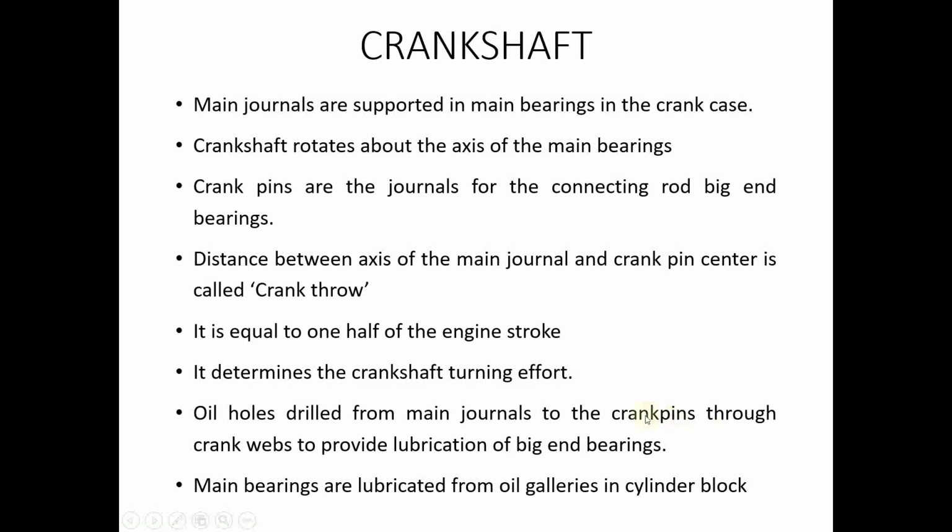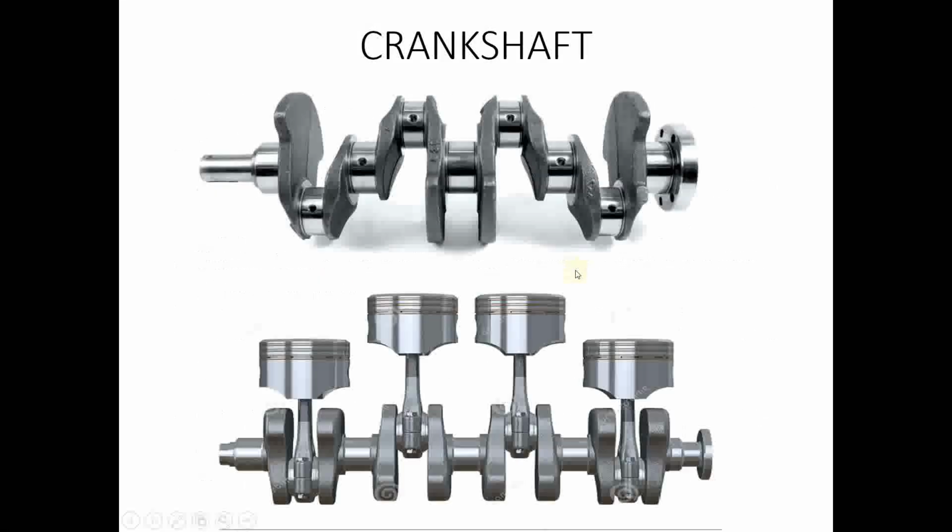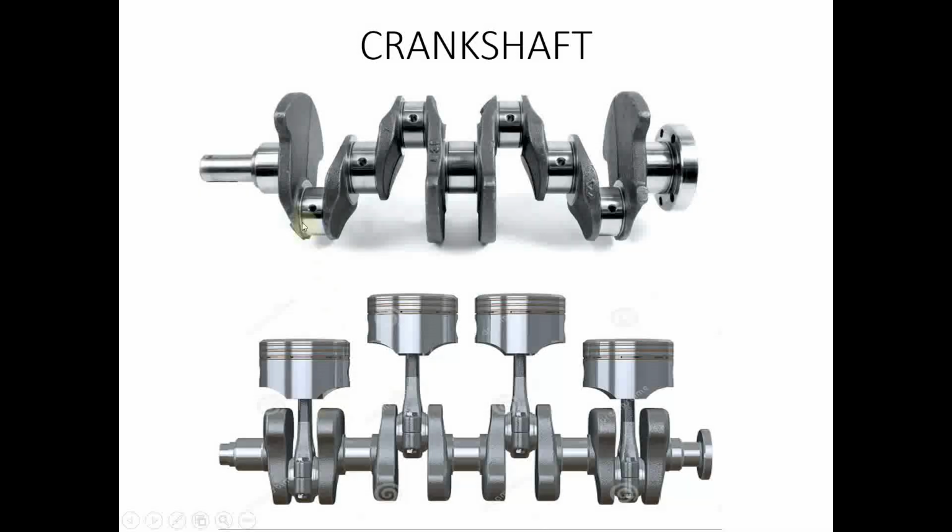We also saw what a crank throw is, that is the distance between the axis of the main journal and the crank pin center. If you take the axis drawn through the main journal and the crank pin journal, this small distance is known as the crank throw.